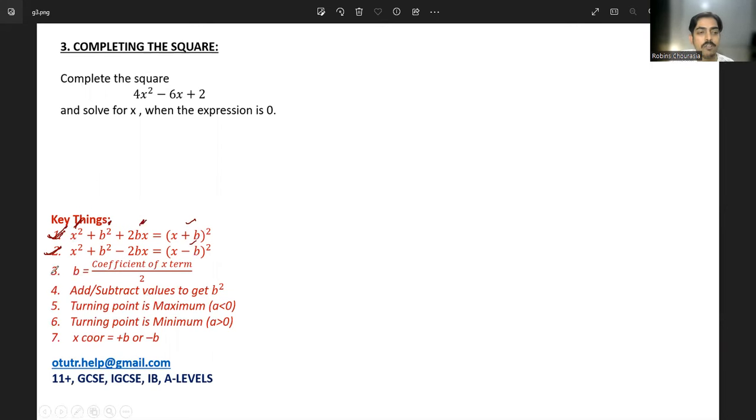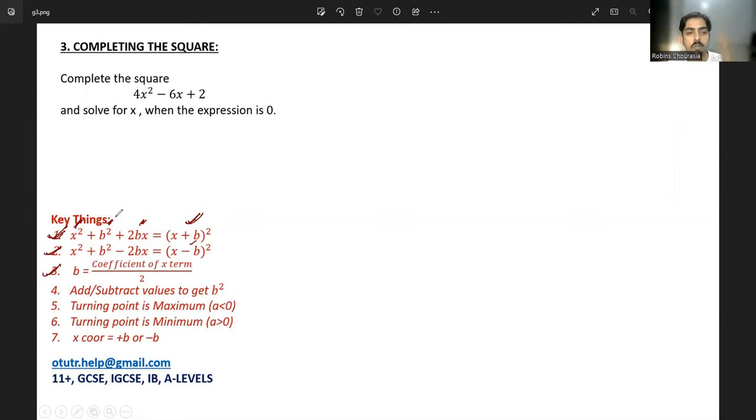In that case, we can find b by dividing the coefficient of the x term by 2 to get the value of b. Once you get b, you can easily convert to this format, x plus b or x minus b. Whatever adjustment has to be made, you add or subtract that value to the constant, to adjust the b square term.